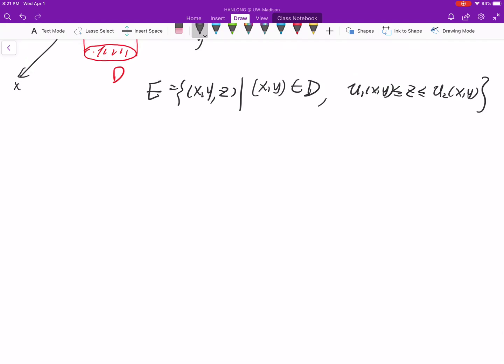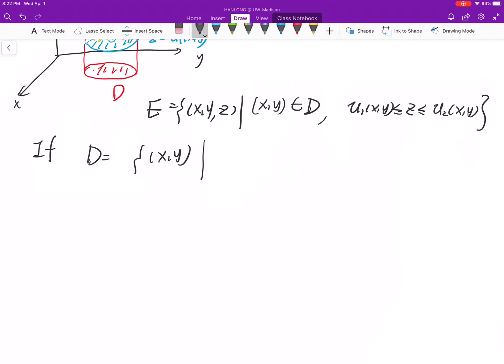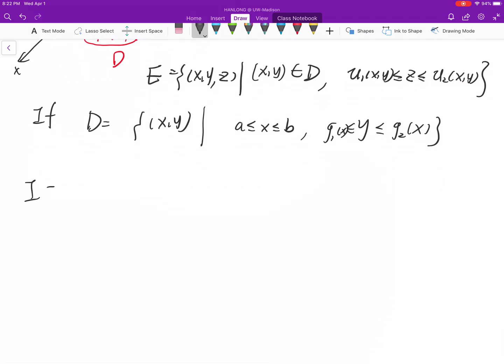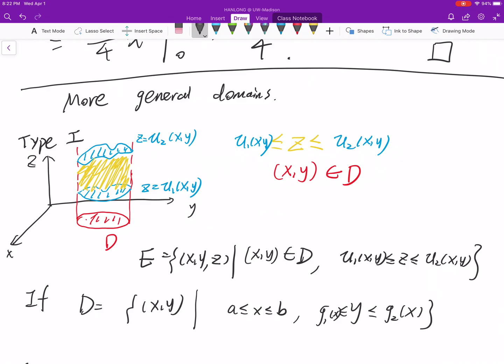Okay, next, if D can be described in a simple way, like a type 1 domain, for example x is in between a and b, and y is in between g1(x) and g2(x), then the integral, so we are interested in the integral I over the region, let's call it V, of any reasonable function.